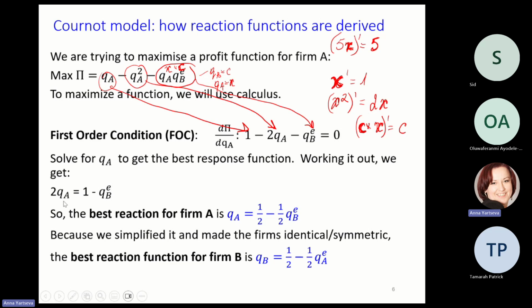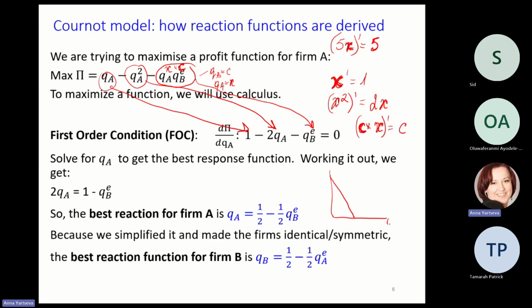So to get QA from here, we just divide both parts by 2, right? So 1 divided by 2 becomes a half, and QB divided by 2 becomes a half times QB. So this expression is our reaction function. This is what we need to know. This formula will describe this particular line.